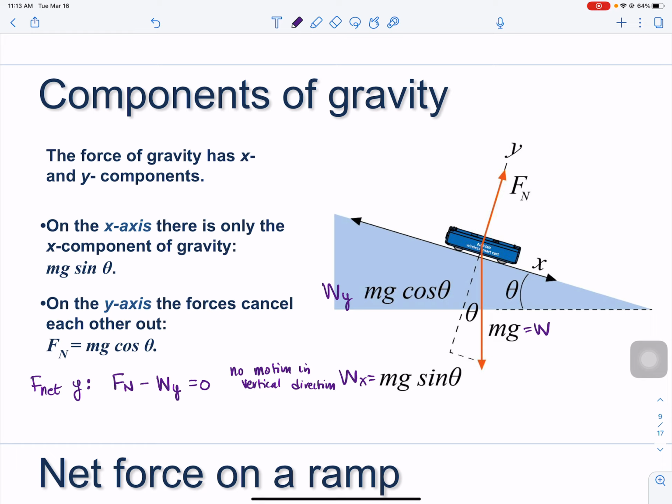And so this tells me that my normal force is equal to mg cos theta, because the component of weight in the y direction is that.